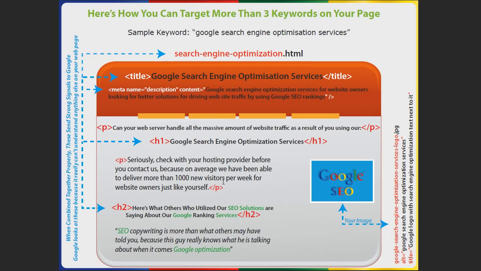Okay, so think of SEO and on-page SEO, but think of it in such way that you're targeting keywords, and then you present your website by having keywords in your URL, keywords in your title.